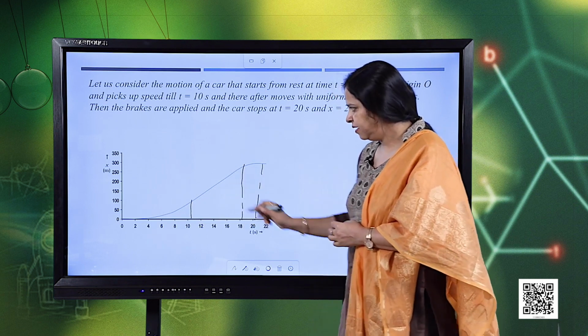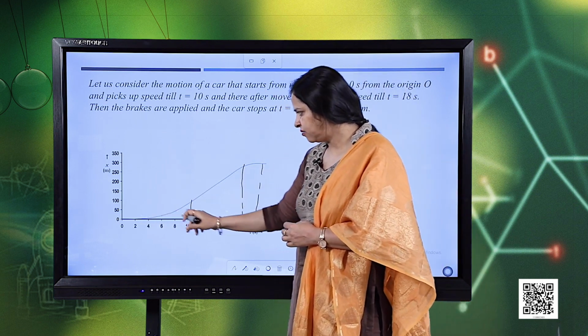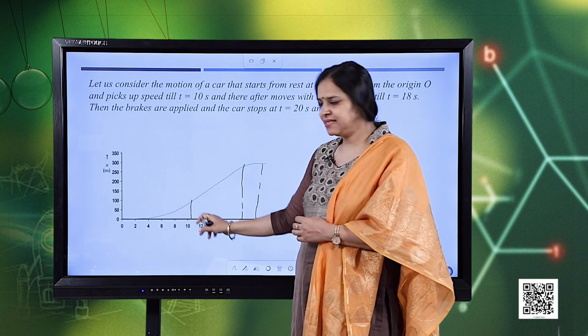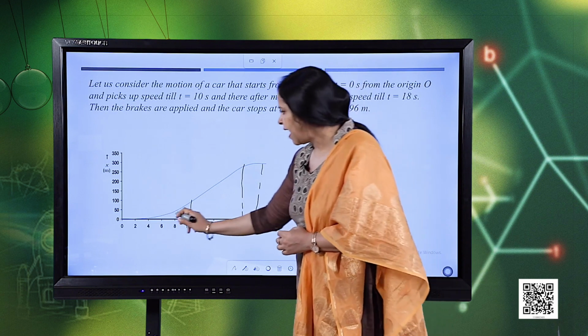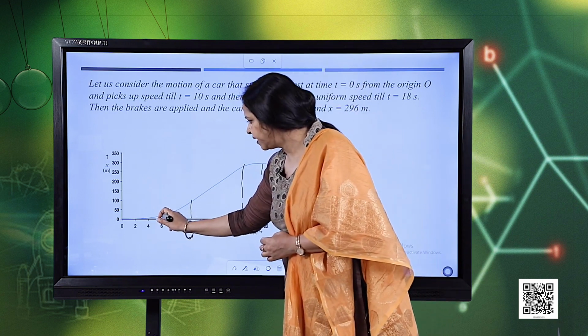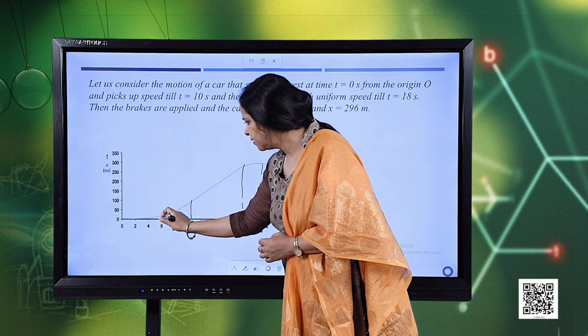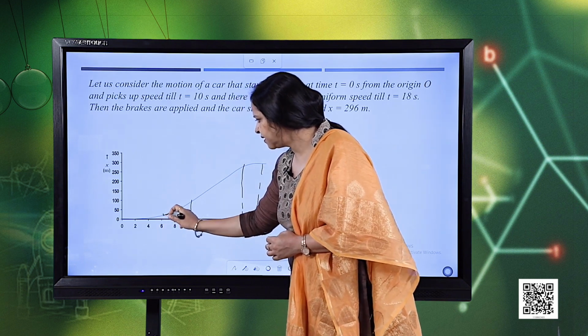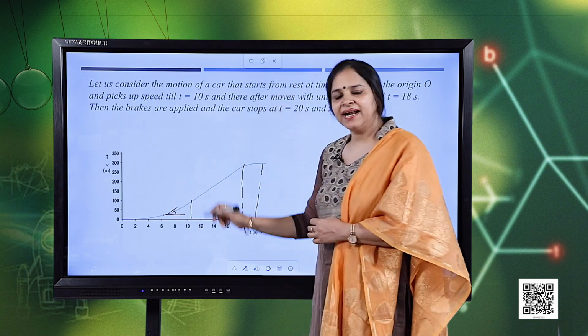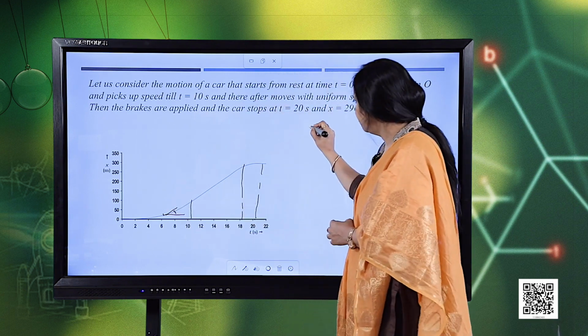For example, I need to find the velocity at each instant between 0 to 10 seconds. For that, at different instants we can draw the tangent, and using tan theta we can find the slope, and that slope will give us the velocity.